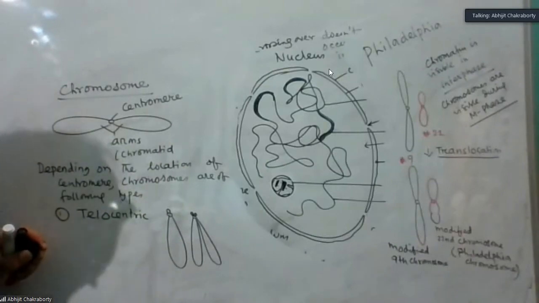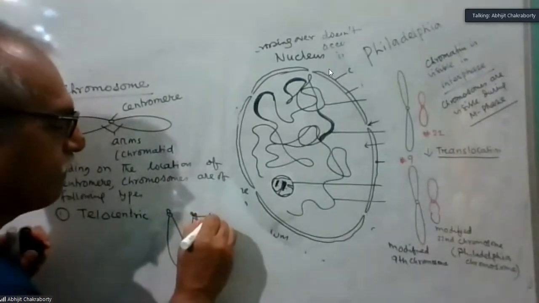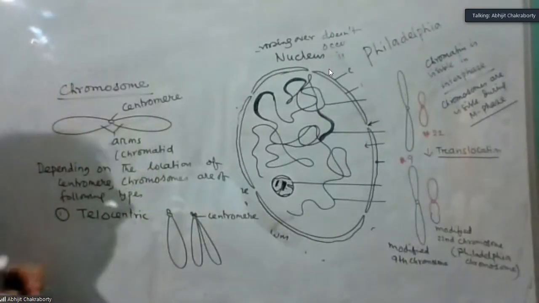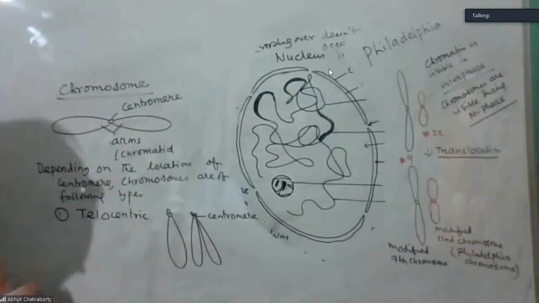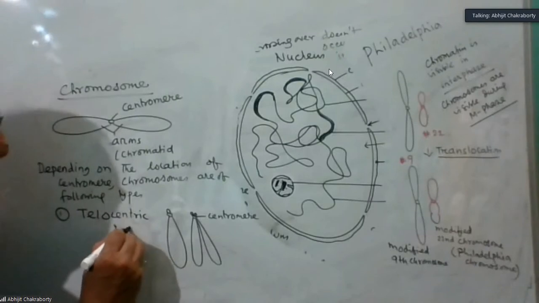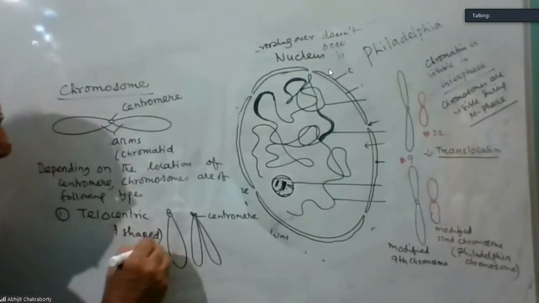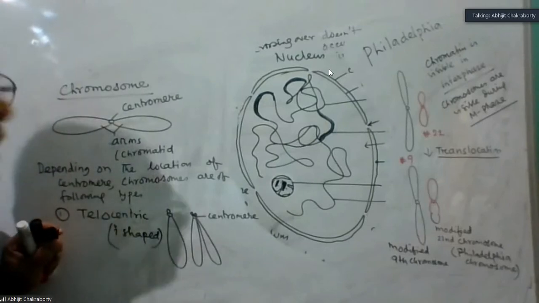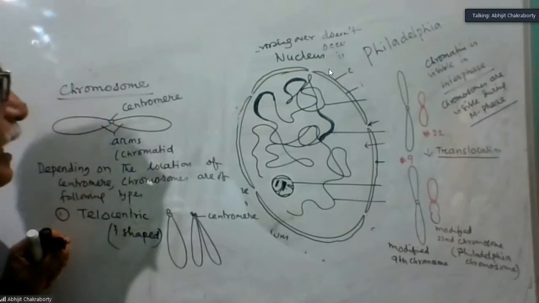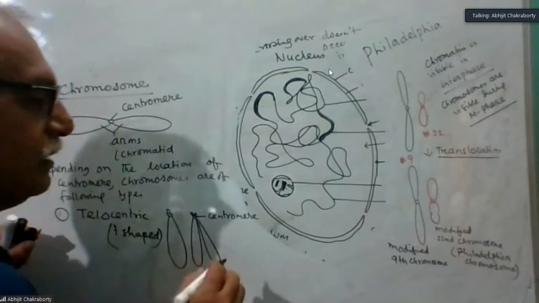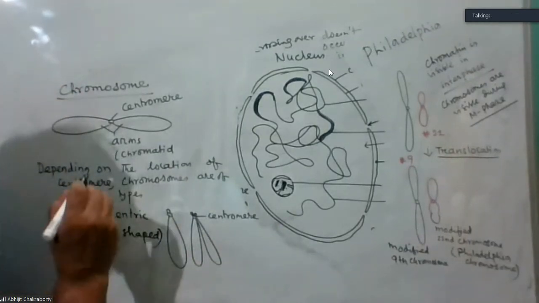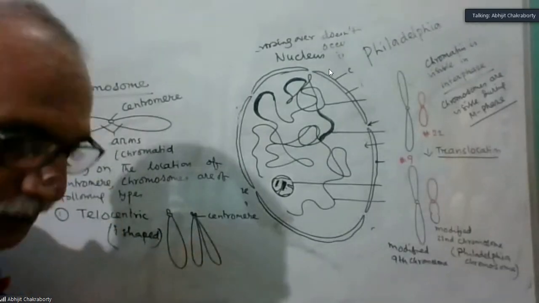Then you can call it telocentric and it is I-shaped. One arm is dot-like, the other is quite larger.